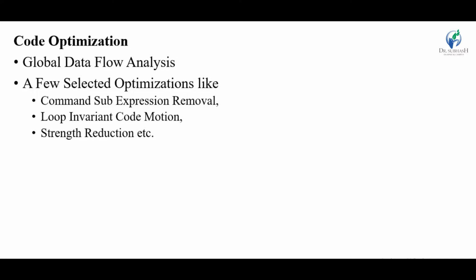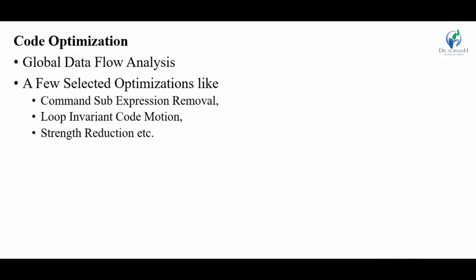In loop invariant code motion, it can be obtained by moving some amount of code outside the loop and placing it just before entering into the loop. Strength reduction, strength of certain operators is higher than others.